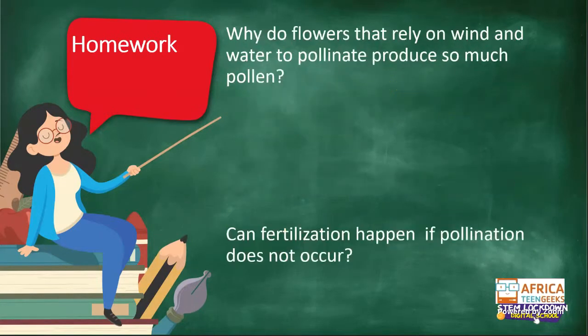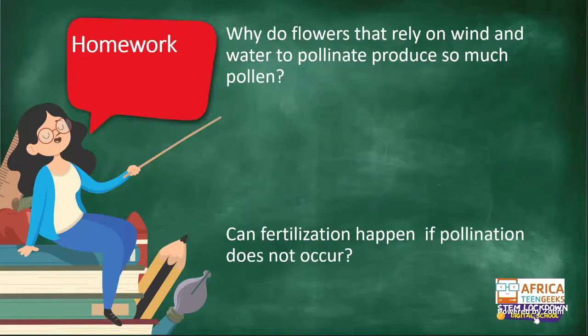Okay, let's move on. Why do flowers that rely on wind and water to pollinate produce so much pollen? So we gave 3 reasons yesterday. You can sum it up in one sentence, but let me see. What do you remember from that? Why do flowers that rely on wind and water to pollinate produce so much pollen? Let's see.